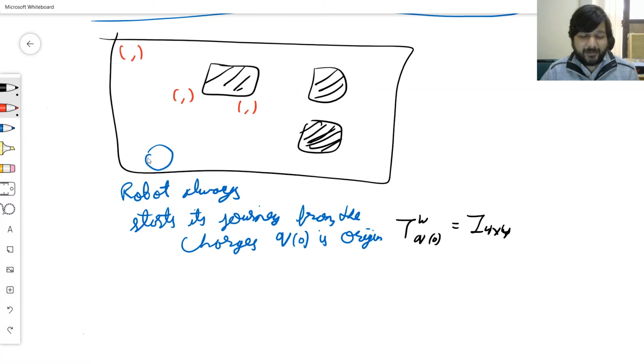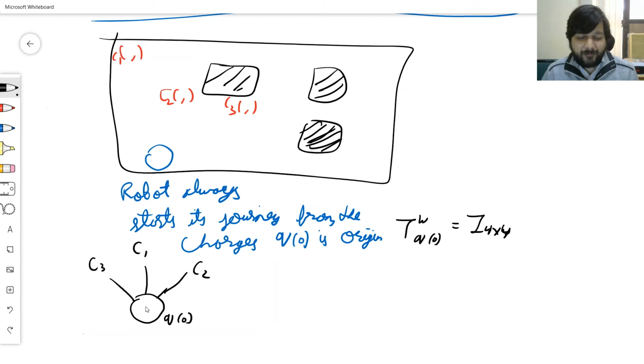Let's go to the corner cases. So there are 3 corners, and that's sometimes how I denote it. So this is my position at time 0. And I can look at corner 1, corner 2, corner 3. So I know my position, which is identity. I know these corners with respect to myself.